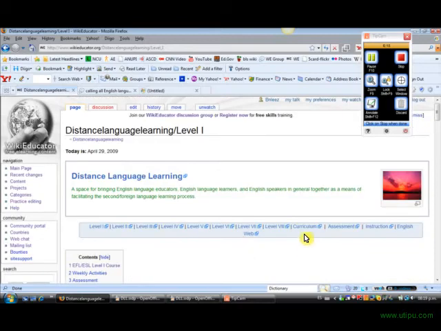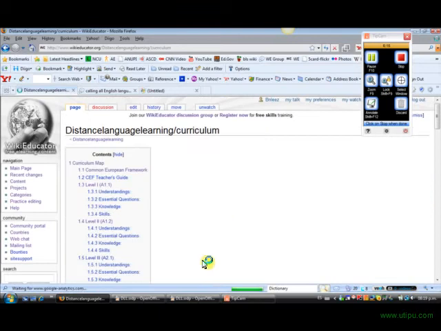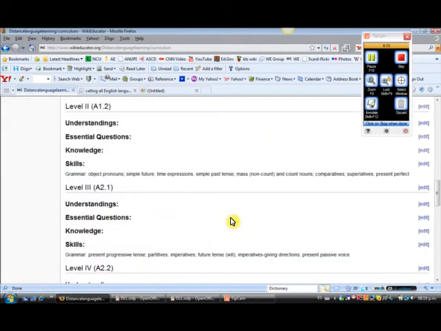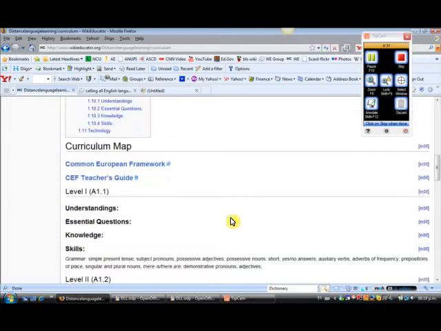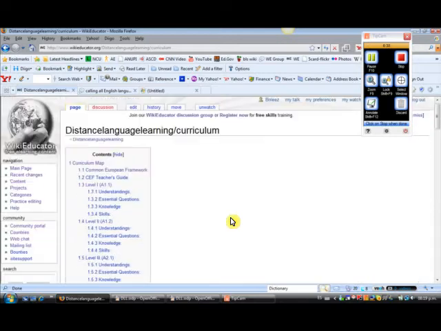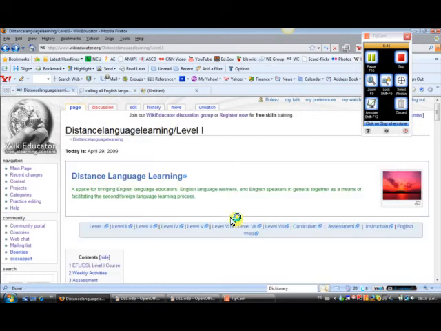This might also include populating the curriculum with this knowledge, skills, essential questions, etc., through a collaborative effort. So the idea here is working with other educators, other people in general who are interested, working together in providing information into the wiki to complete it. So that would be phase two.